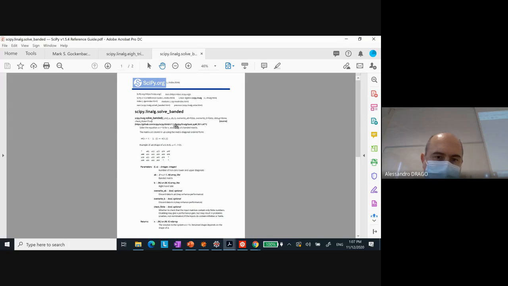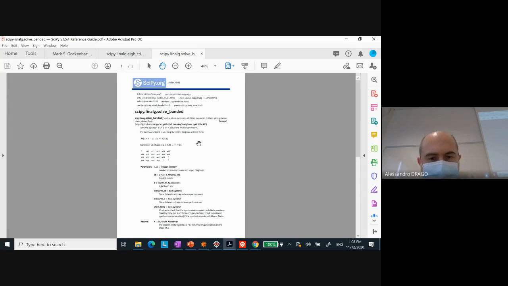So this code uses an algorithm which is optimized for this type of matrices to solve. So we can use this scientific Python. This linalg is a subdirectory of scientific Python containing linear algebra, and specifically this program called solve_banded.